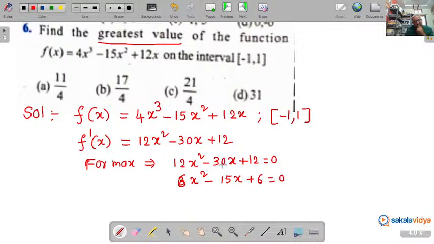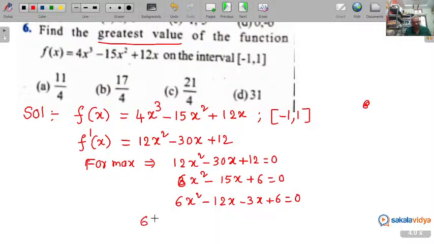We can write this as 6x square minus 12x minus 3x plus 6 is equal to 0. 6x common, we have x minus 2, minus 3 common, x minus 2 is equal to 0. So, x minus 2 into 6x minus 3 is equal to 0.